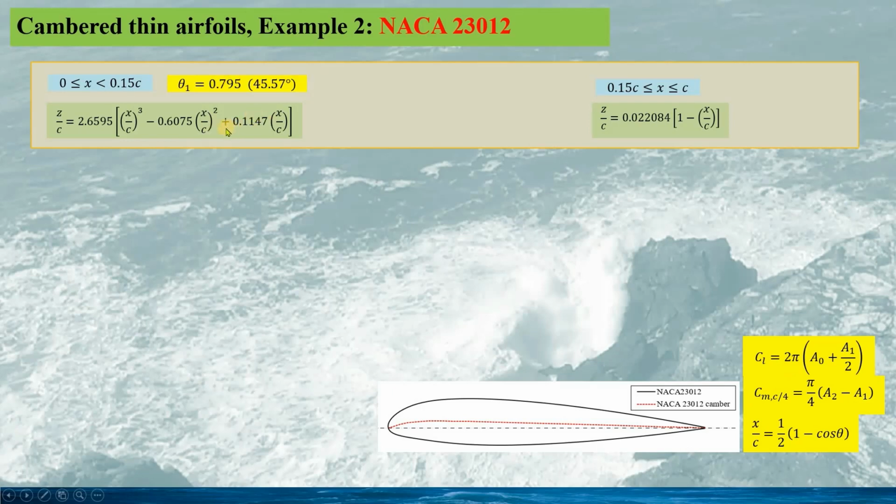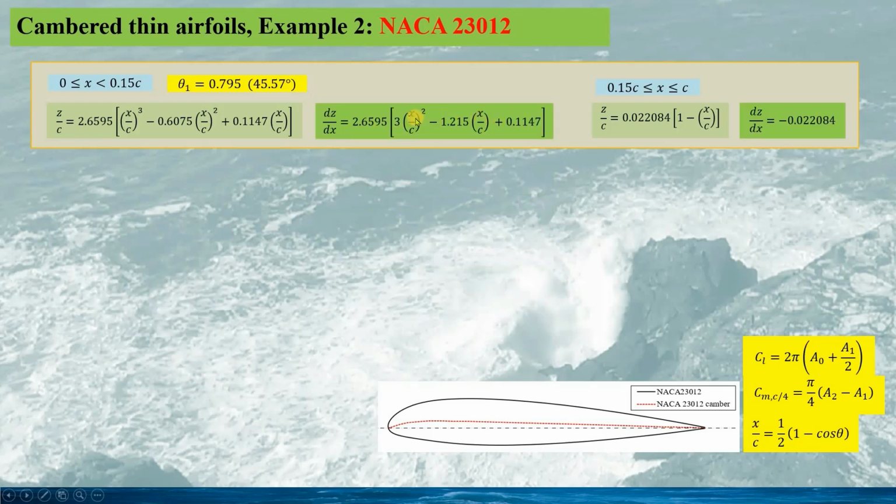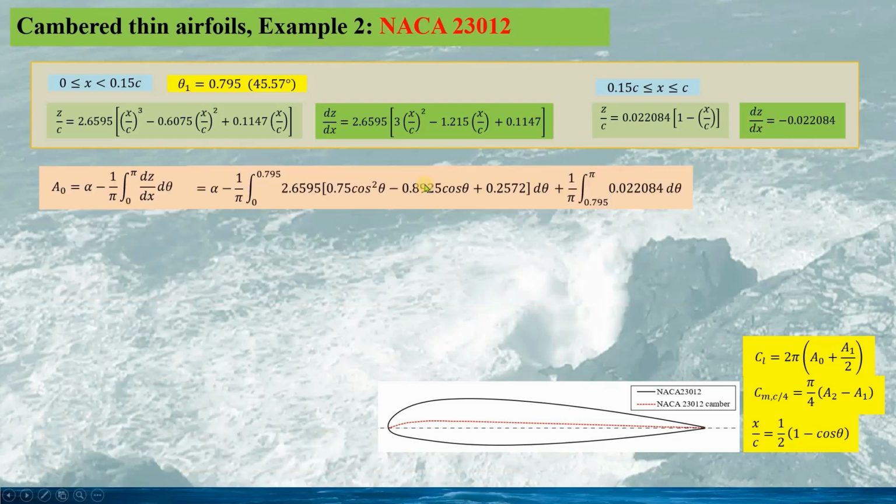So the cambered line for the NACA 23012 is given by the piecewise formula as this. And we can easily calculate the gradient of the cambered line, dz over dx, given for this when x is smaller than 15% of the chord, and this for the rest of the chord.